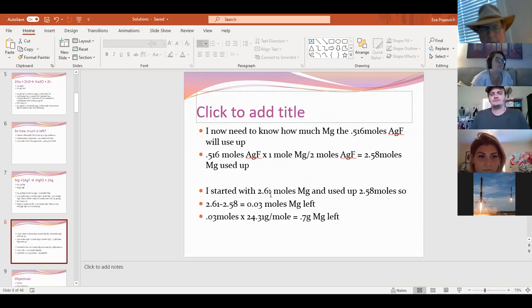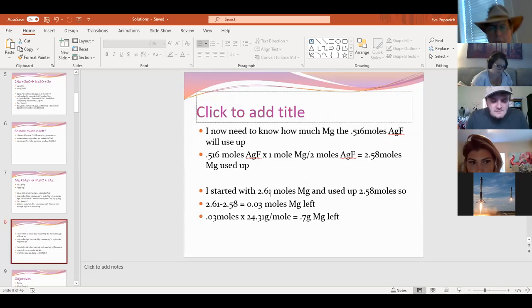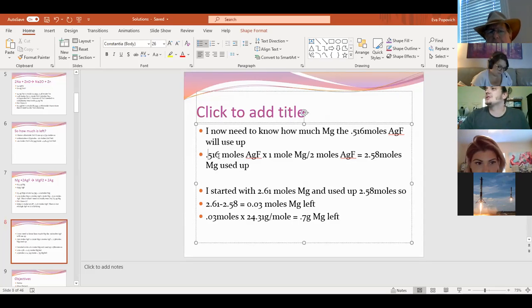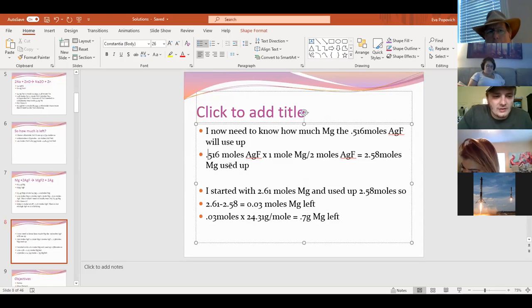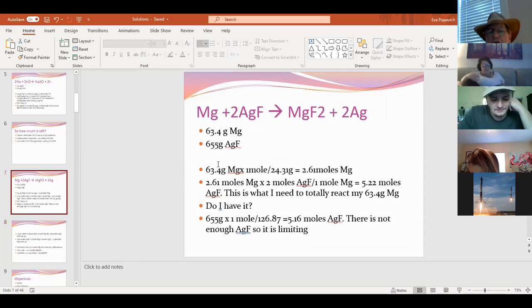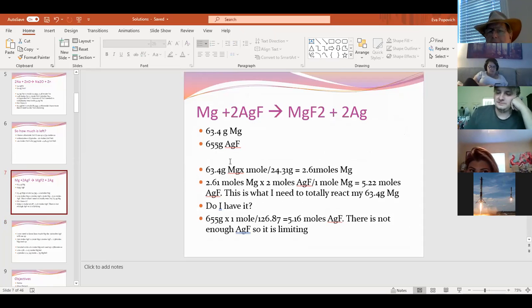Why would you multiply the 0.03 moles by the 24.31? Is this Chase? Okay, Chase. Do you see if I have 0.516 moles of silver fluoride that I would end up using up 2.58 moles of magnesium? Because all I did was relate my silver fluoride to my molar ratio of magnesium over silver fluoride. Now, when I started out, I had 63.4 grams of magnesium.